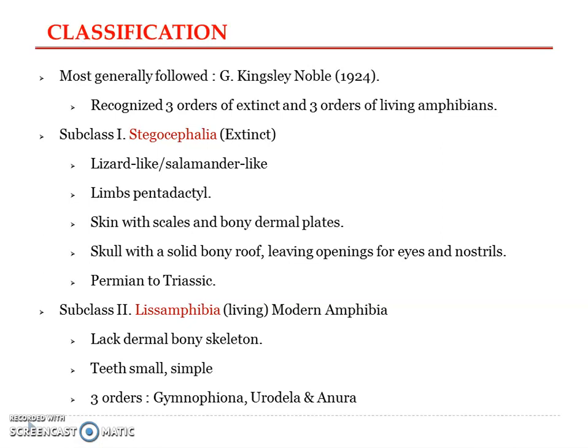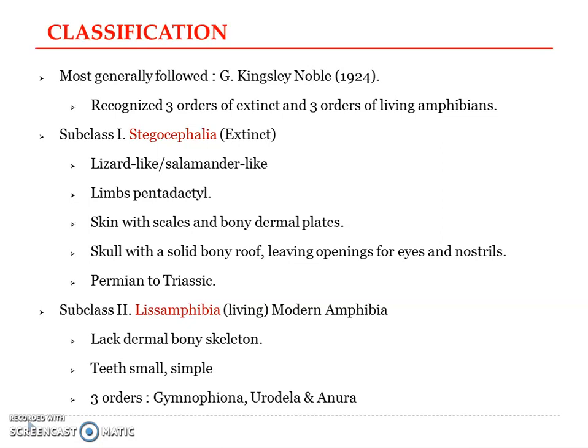Now, subclass 2 is Lysamphibia. The term indicates that they have the characters of the modern ones. Lyssos means smooth, so it is a very peculiar feature of these amphibians having smooth skin.